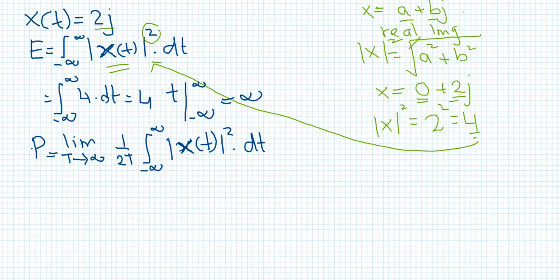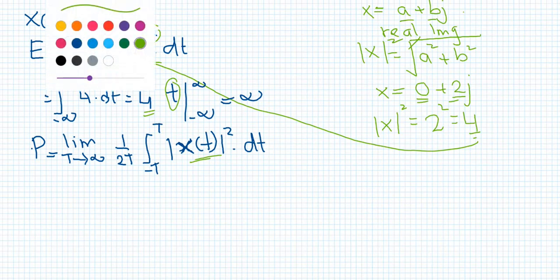Okay, so now, as previously, we already calculated this thing and we got 4, and the integration was t. We will be using the same concept here, but sorry, I made a small mistake. It is not minus infinity to infinity; it is basically the capital T and minus T here.